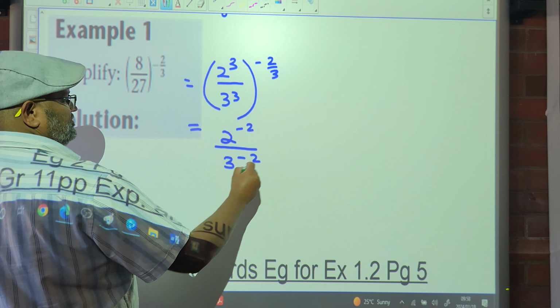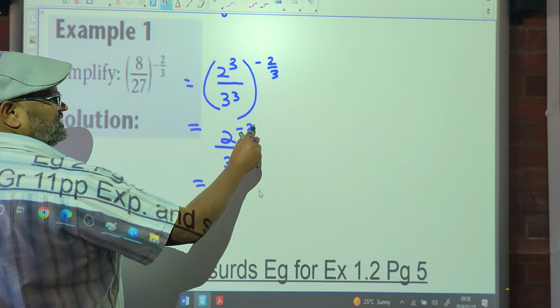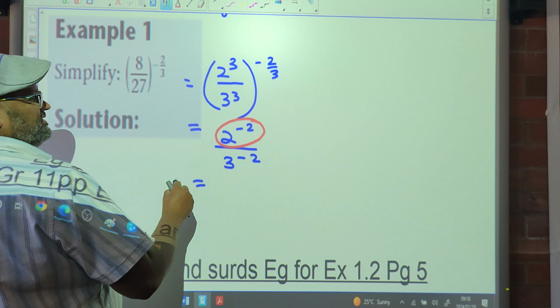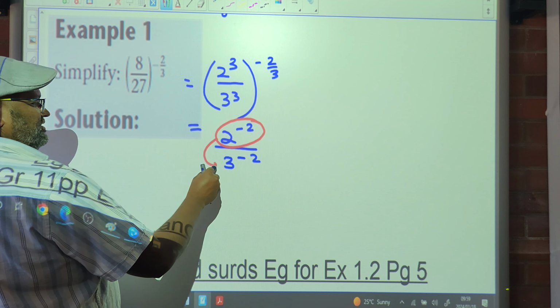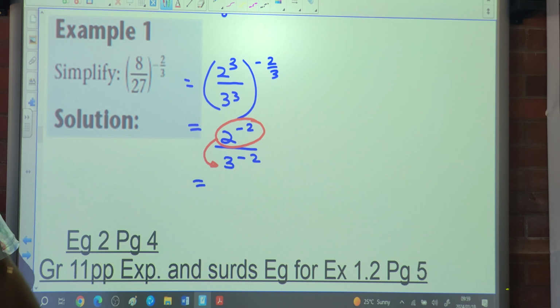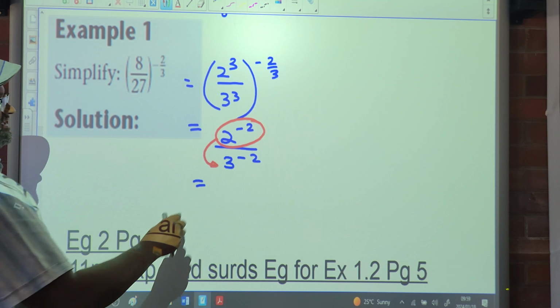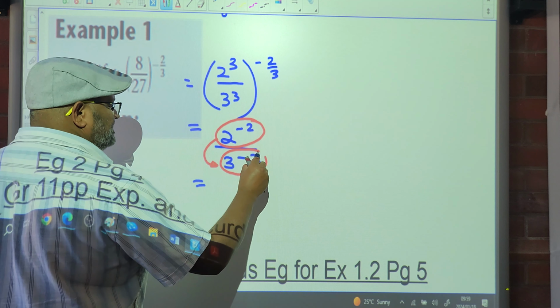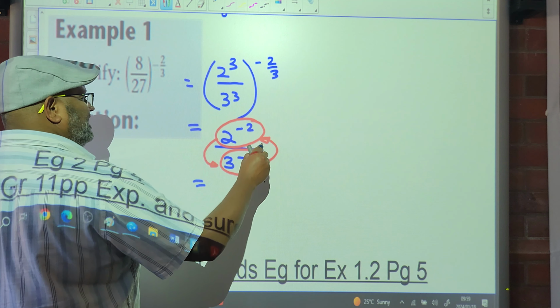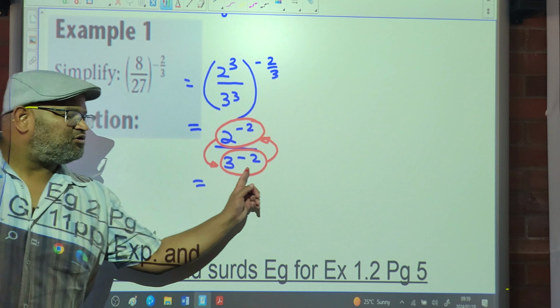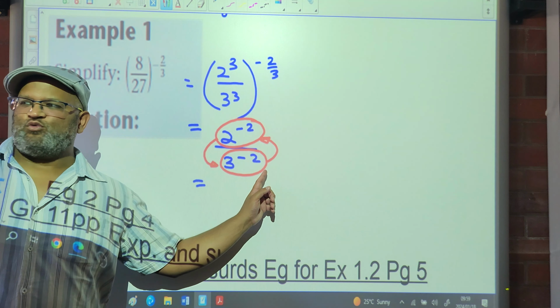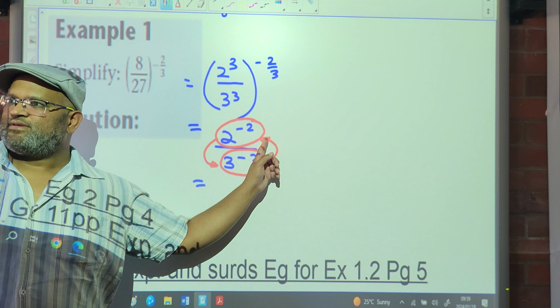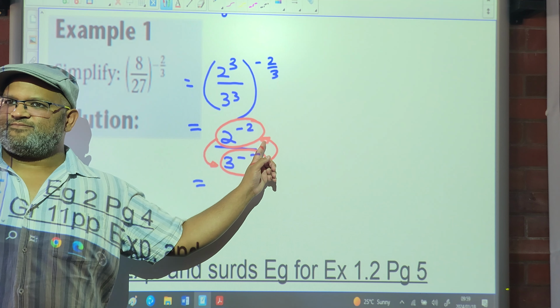So what happens now with this numerator? It becomes the denominator. Why? Because of the negative sign. This denominator now becomes the numerator. Why? Because of the negative. If this had been a positive 2, I wouldn't have brought that up. Does it make sense?